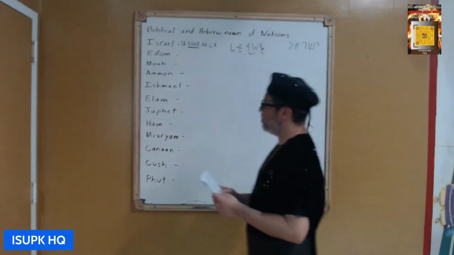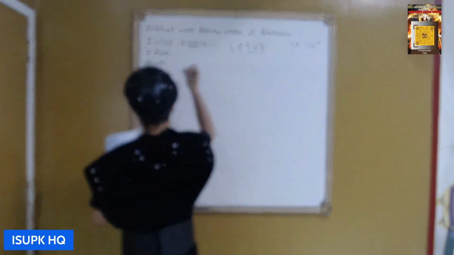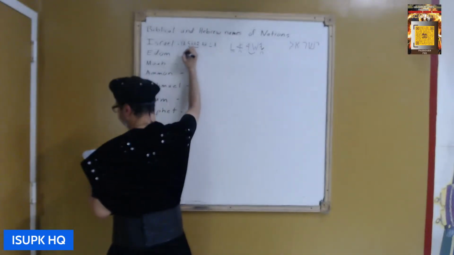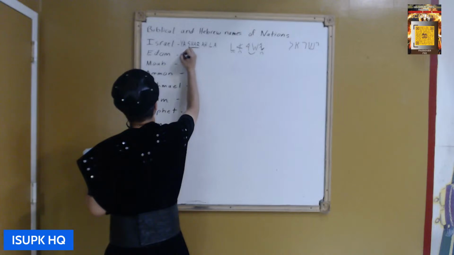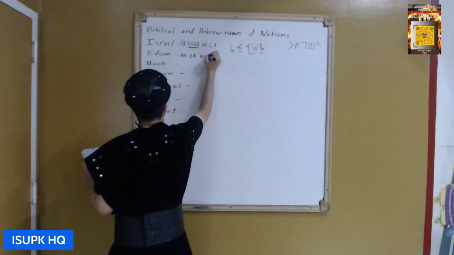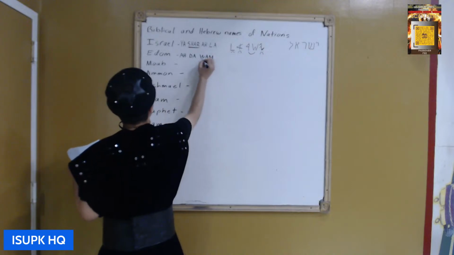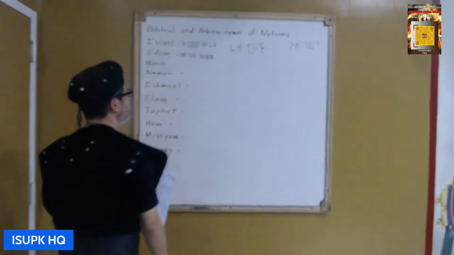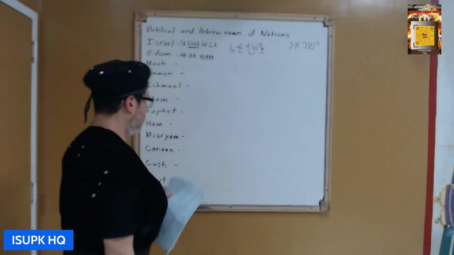Now we have Edom, which is Adawam. A, da, wam. And the wam is connected. Okay.